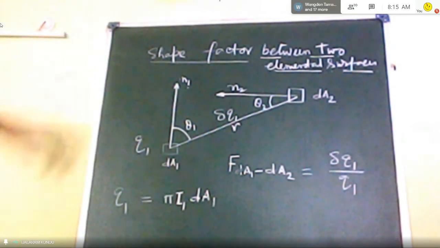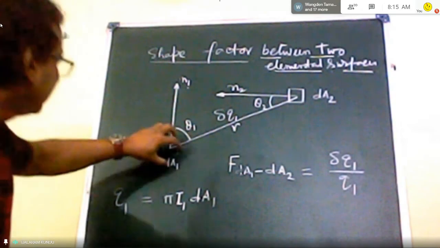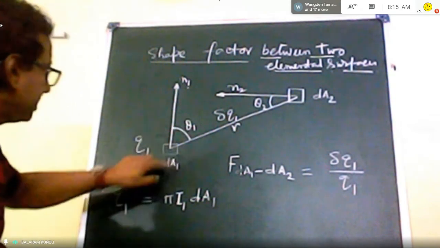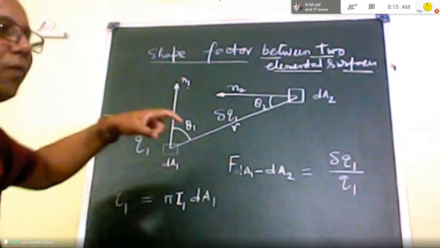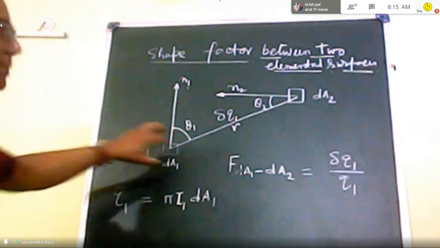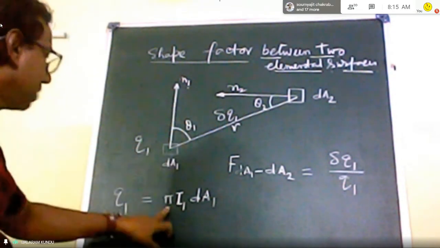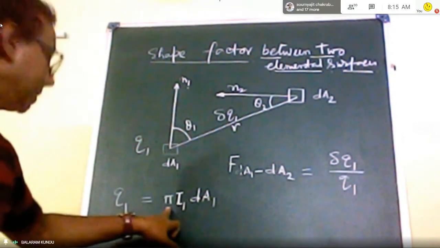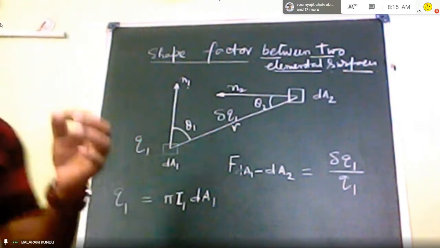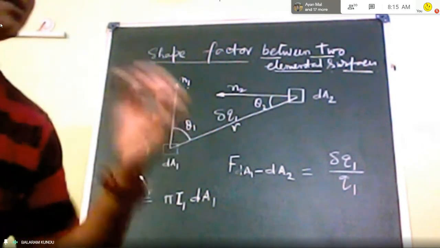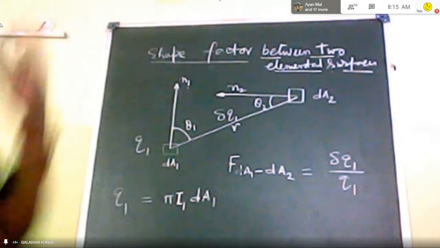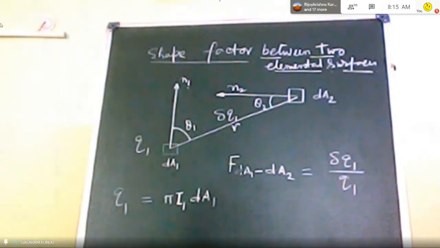That means the amount of radiation energy emitted from surface dA1 in all directions into hemispherical space. So that's why the pi term has come here. And I1 is the intensity of radiation energy of the surface dA1.